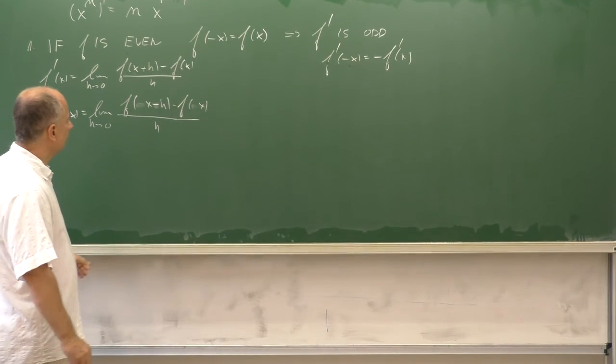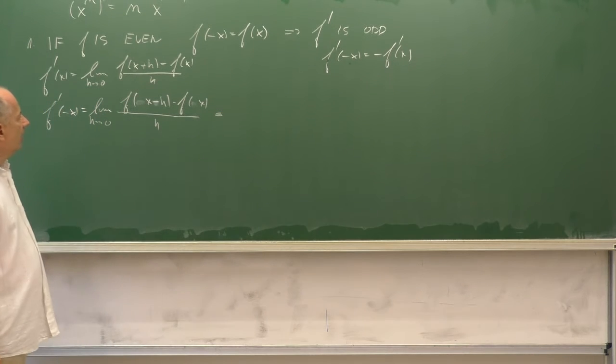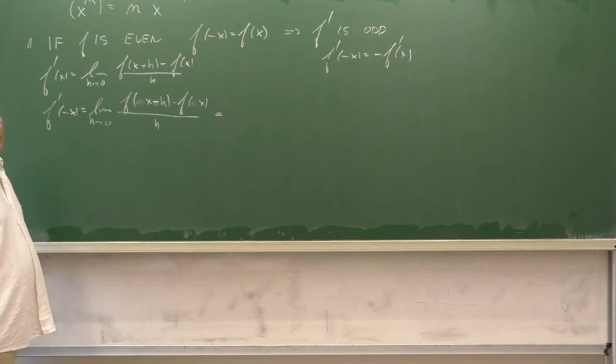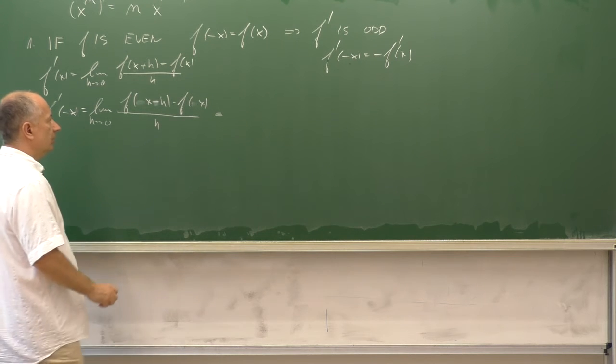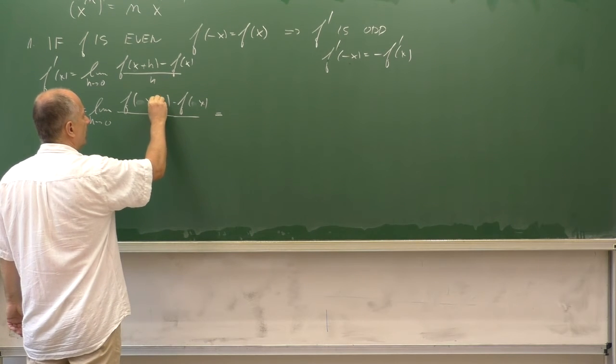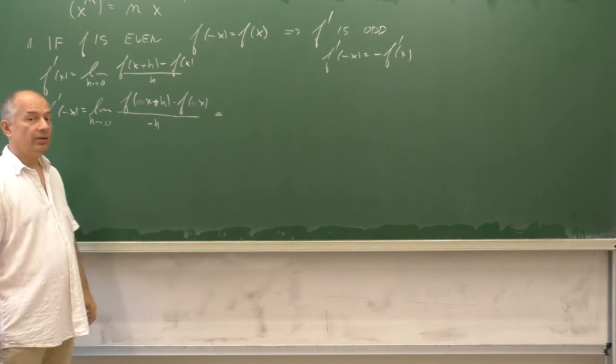So if we write minus h instead of h, the result does not change. So if we change minus h to plus h and plus h to minus h, the result does not change.